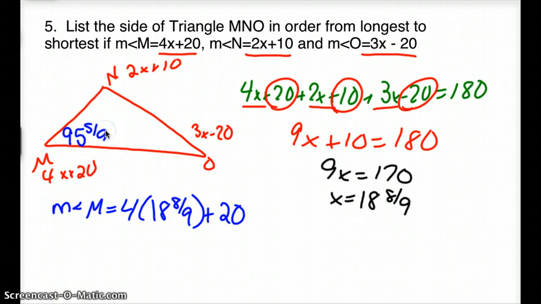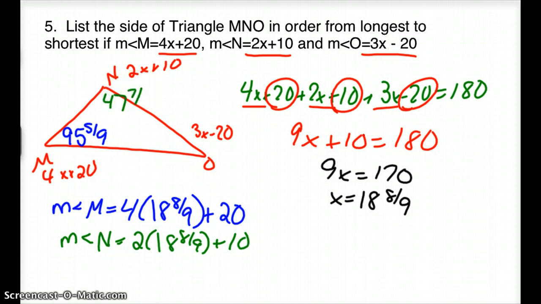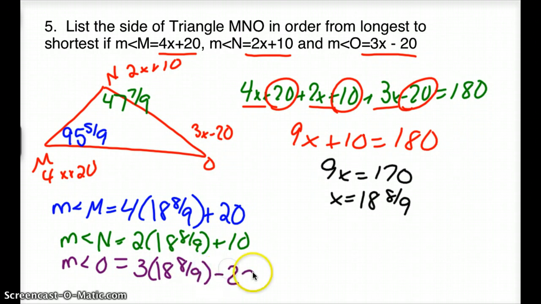Then I'm going to find the measure of angle N. I'm going to go 2 times 18 and 8/9 plus 10. I'm going to punch that in my calculator and I'm going to get 47 and 7/9. And then I need to find the measure of angle O. So I'm going to take 3 times 18 and 8/9. I'm writing all of this down. This is important information. And I punch that in my calculator, and I get 36 and 2/3.